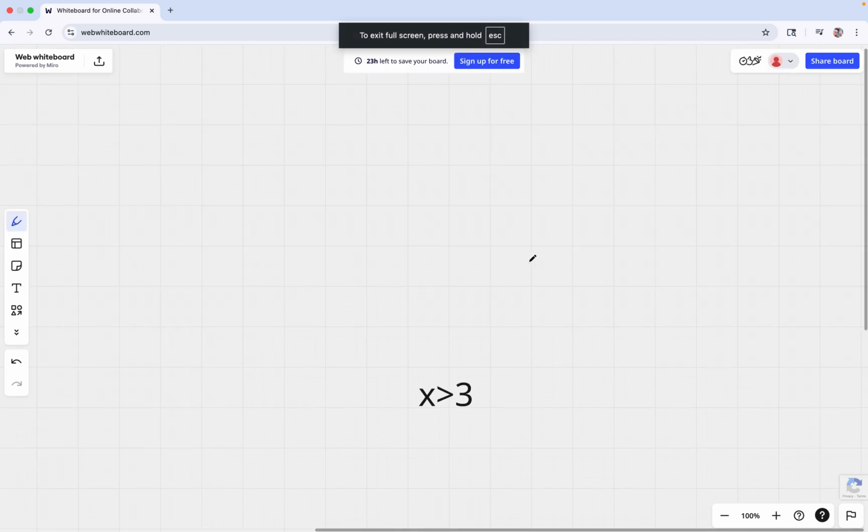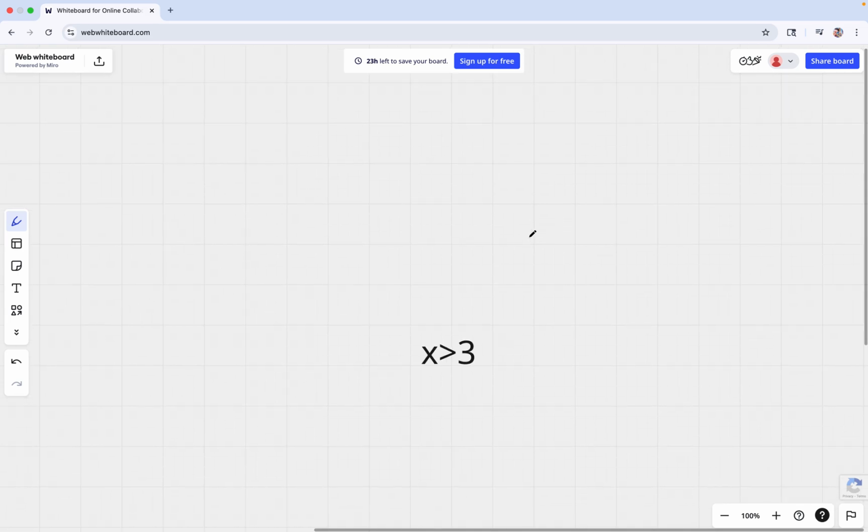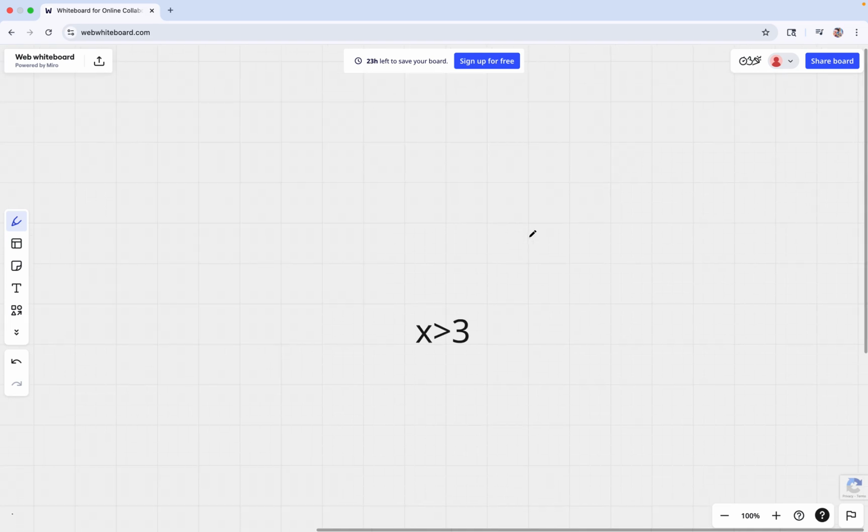Let me explain what an inequality is. Unlike an equation, which has one answer, like x equals 5 or x equals -3, an inequality is a range of answers. Like here in this one, it says x is greater than 3. That means anything greater than 3 could be x.